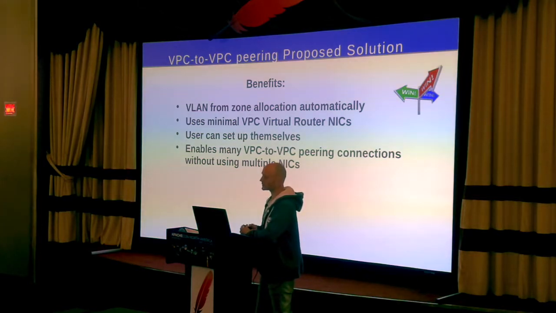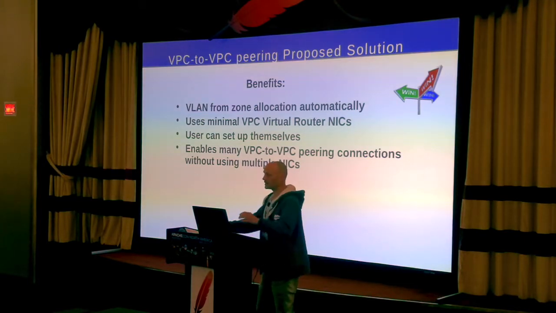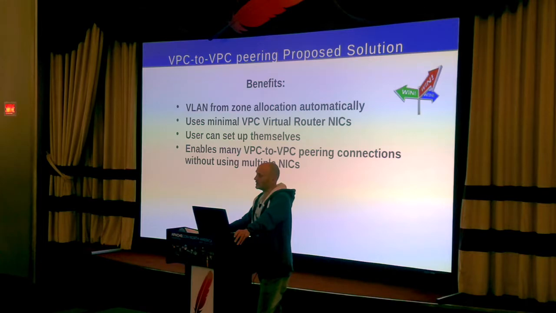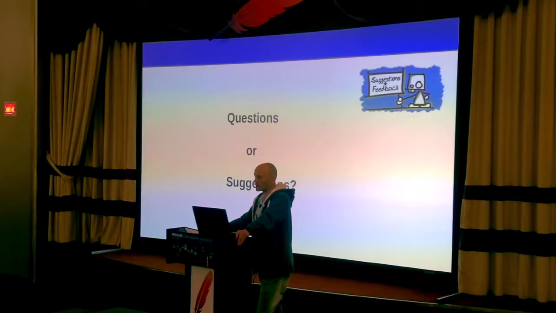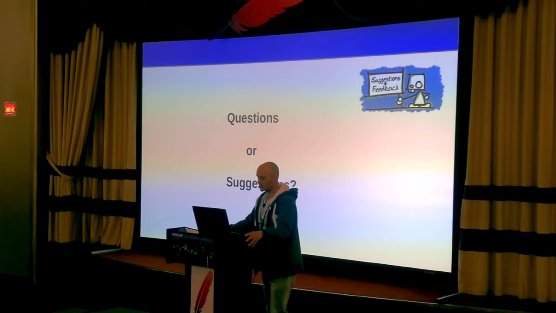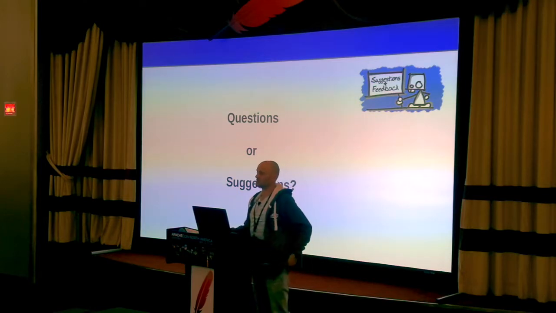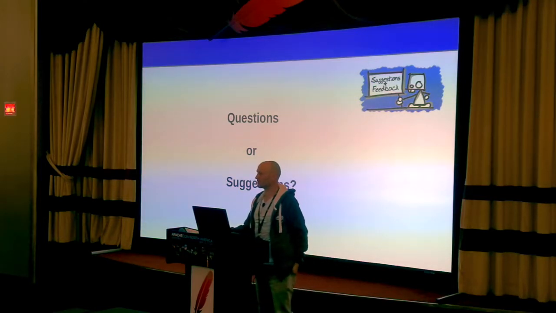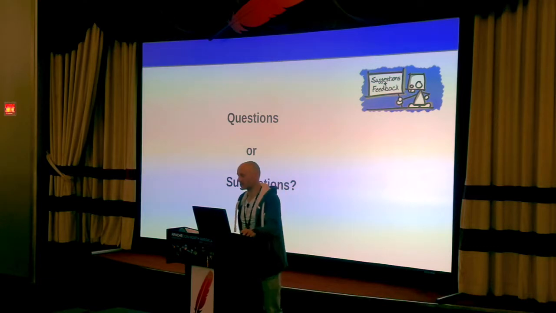And this will also help conserve NIC allocations, and thus allow us to peer many more VPCs than what we can do currently. So that's it from my side. Do you guys have questions or suggestions?